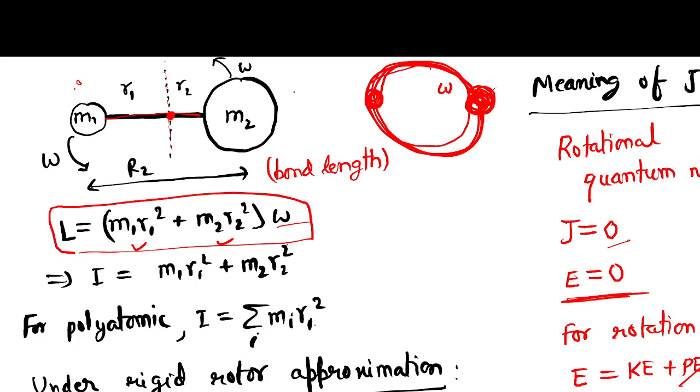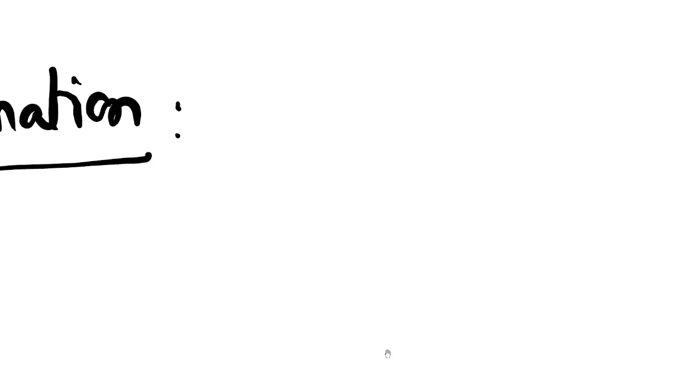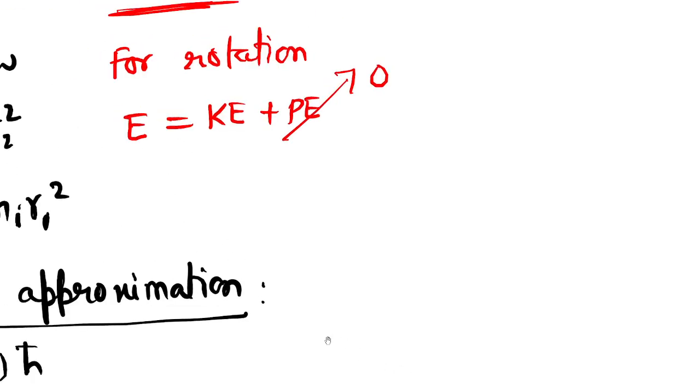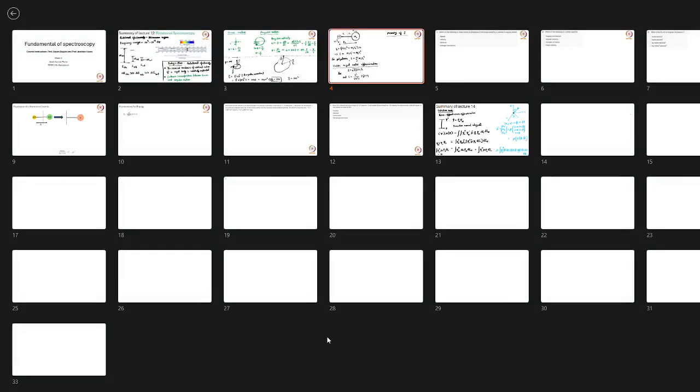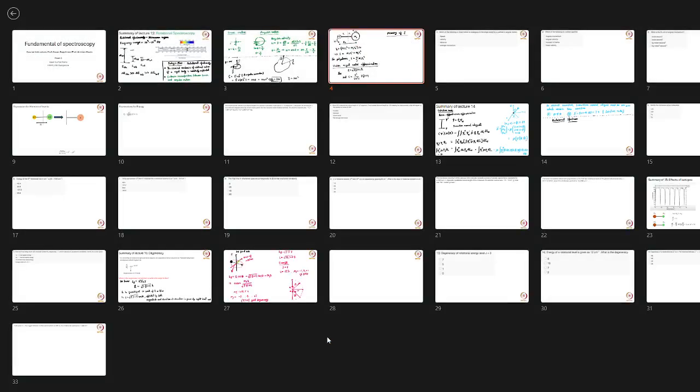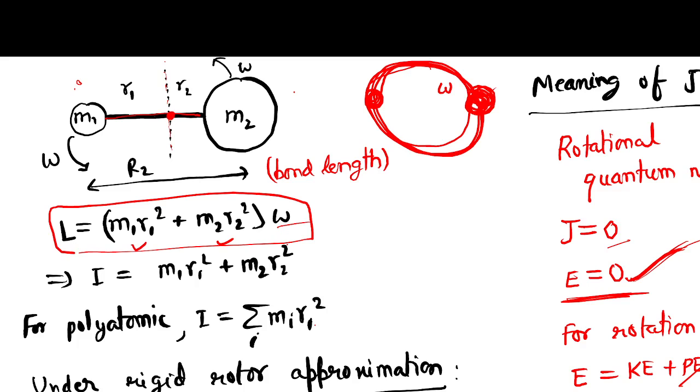For rotation the potential energy is 0, so you will have only kinetic energy. But if the total energy is 0, that means kinetic energy is 0. What does it mean? There is no rotation.